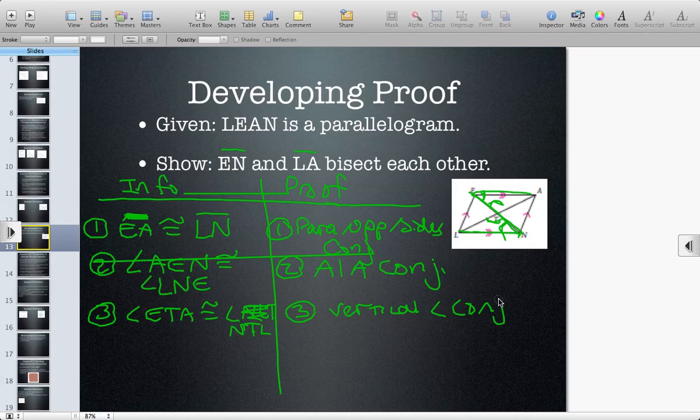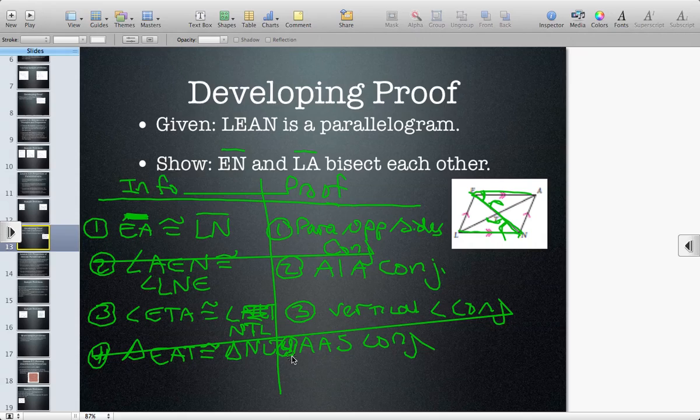So now we know that triangle EAT is congruent to triangle NLT because of the angle-side conjecture, using one of our triangle sum conjectures.